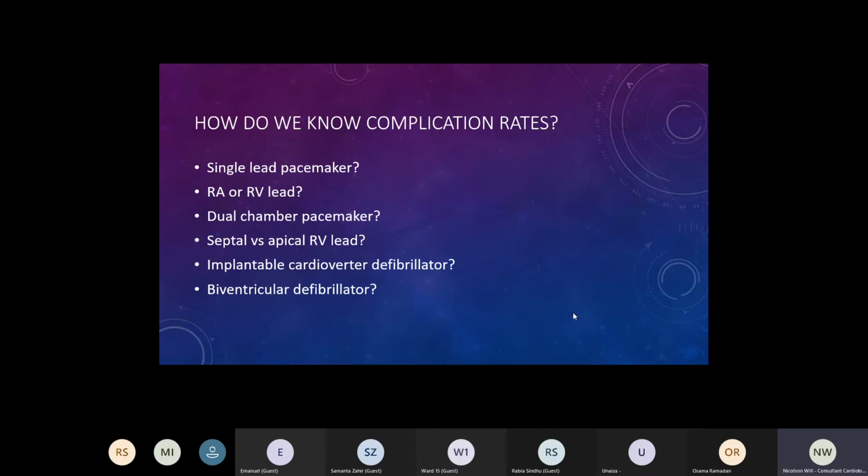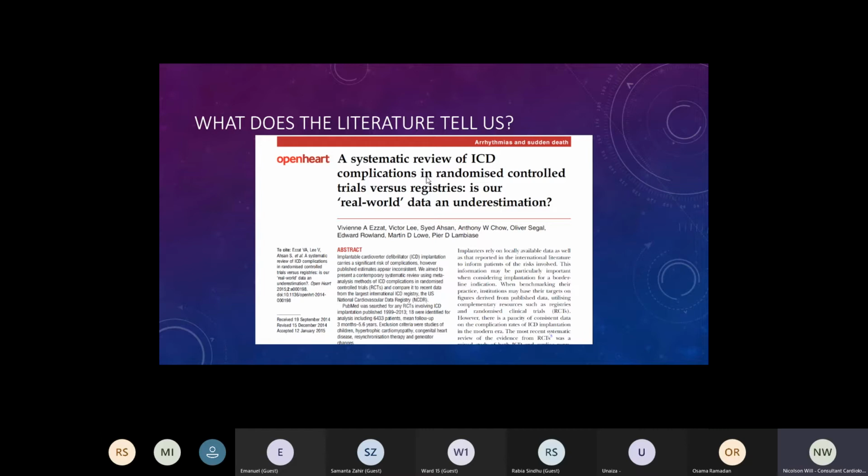We can go to the literature, and there are papers published which talk about the risks of procedures, but people don't particularly like reporting their complications where they can at all avoid it.